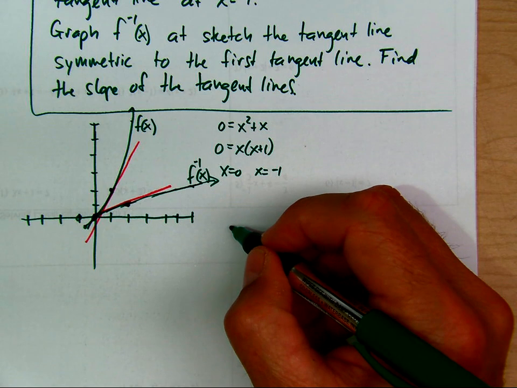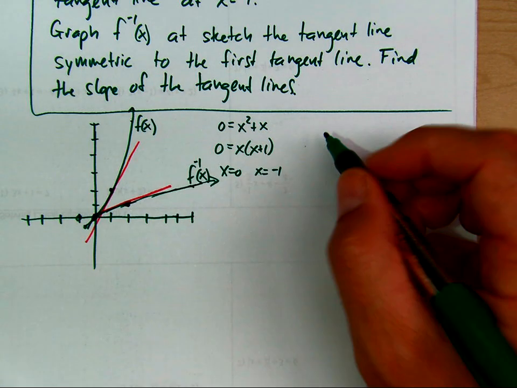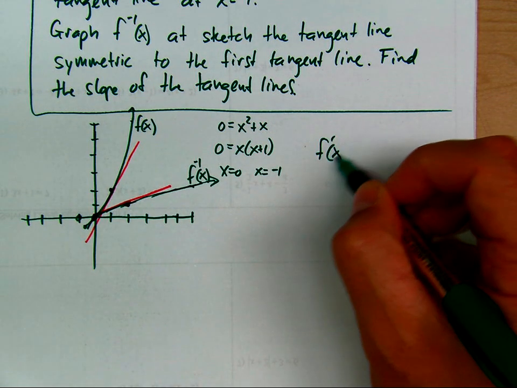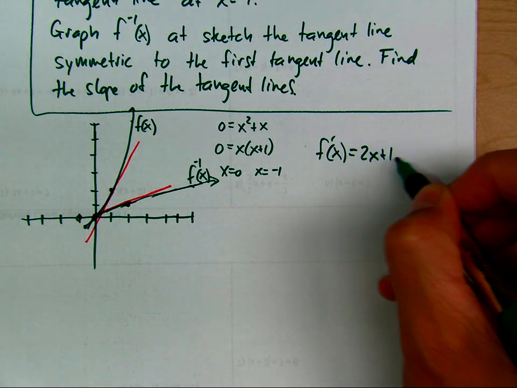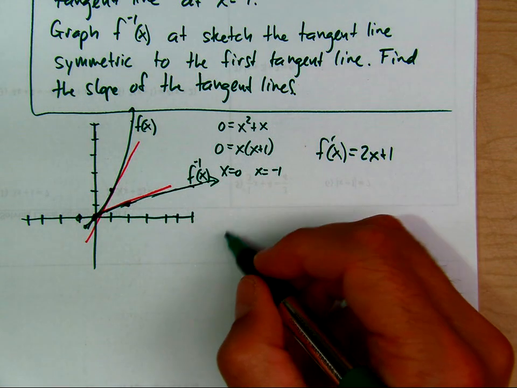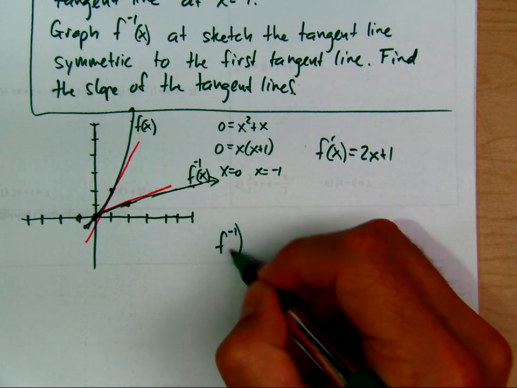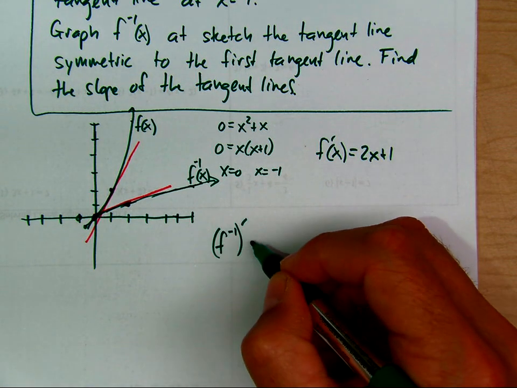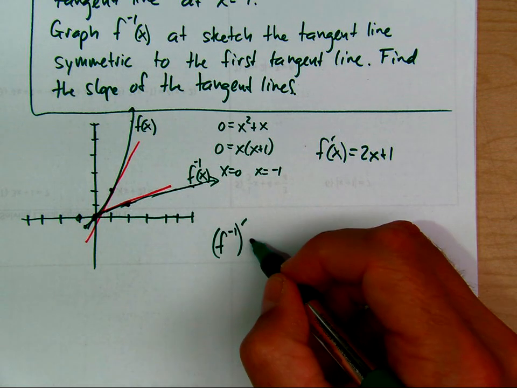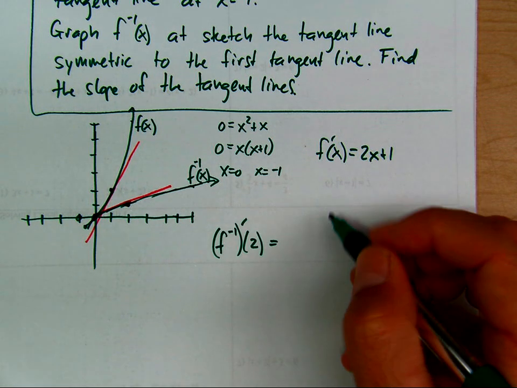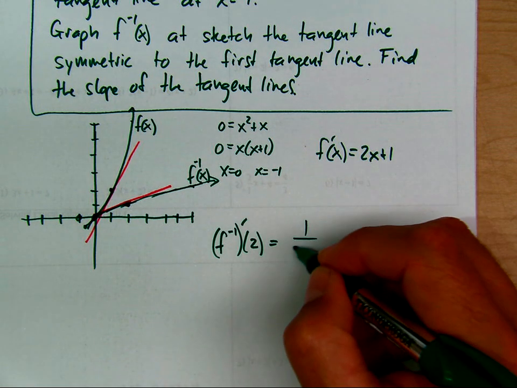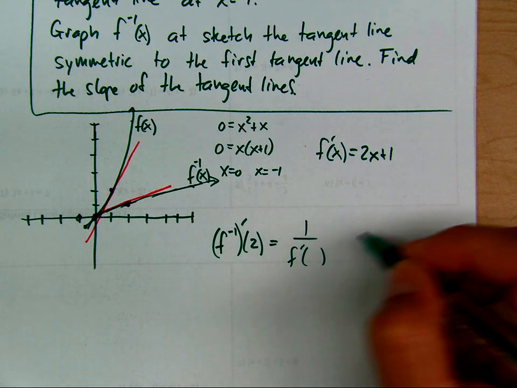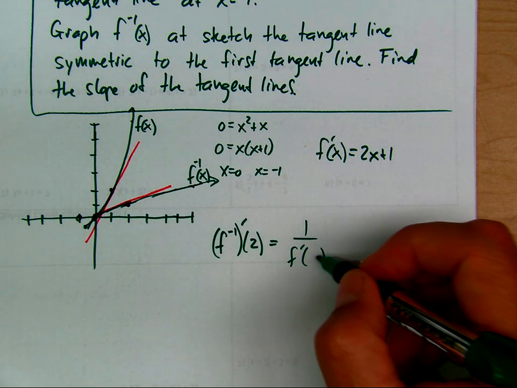So f prime is 2x plus 1, and if we want to find the derivative of the inverse at 2, then we need to find 1 over the derivative of the function at its corresponding x value.